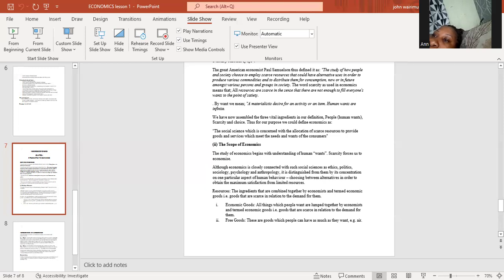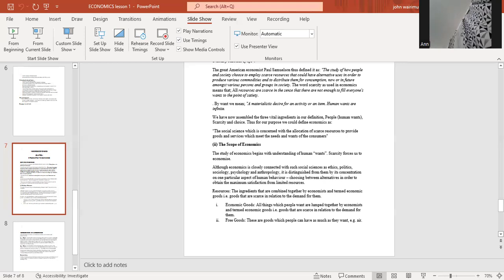You cannot store it unless someone really needs it. That is the point where it becomes an economic good. But if it is available to everyone, simply, one of the characteristics of an economic good is that it is not available to everyone. It is scarce or limited in its supply.